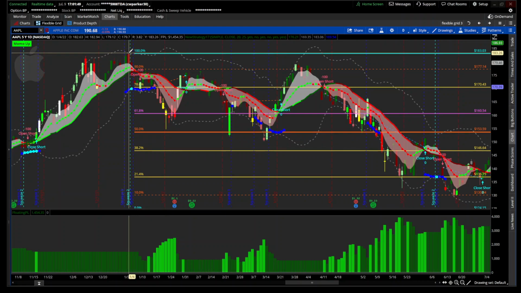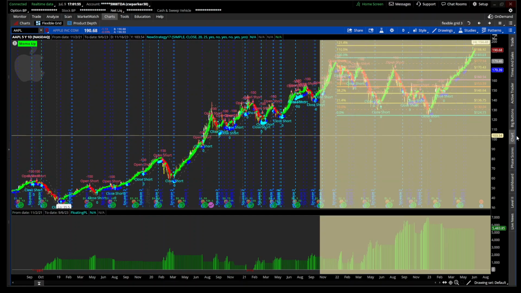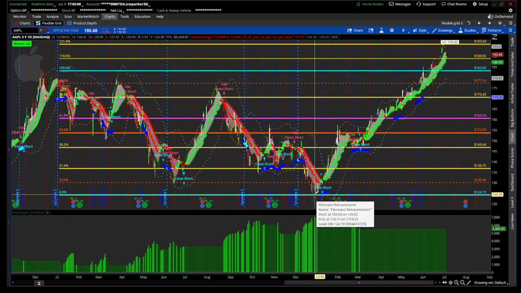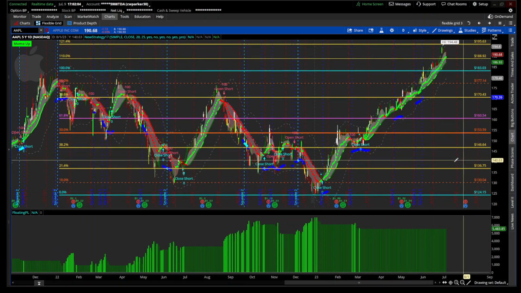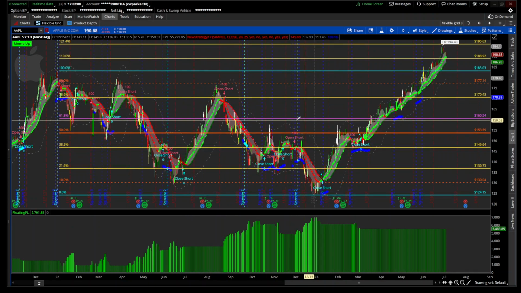January 22. So January 22 was my high that I used for my fields, and this low right here was made on December 30th, right before January, and everything just pushed back above. So Apple's been really on a tear right here.